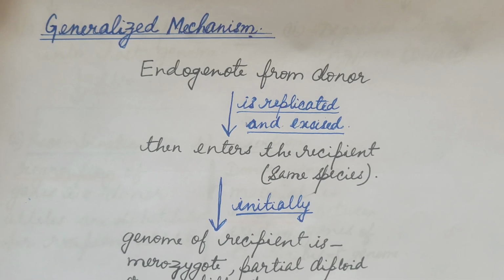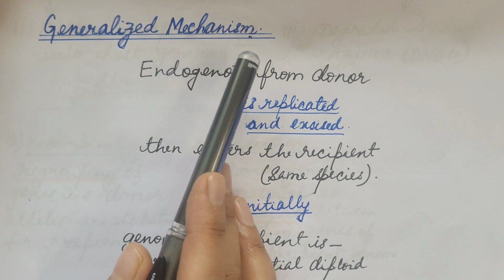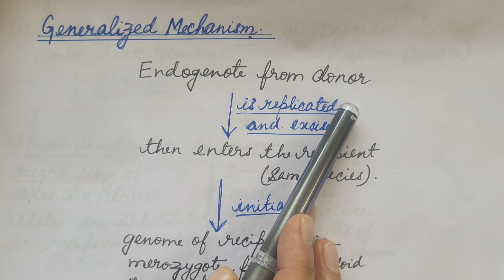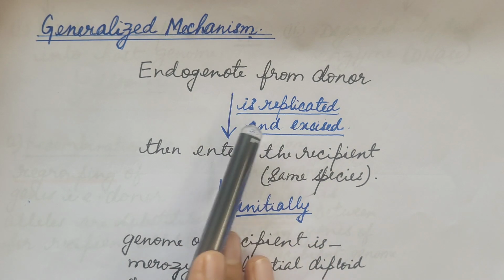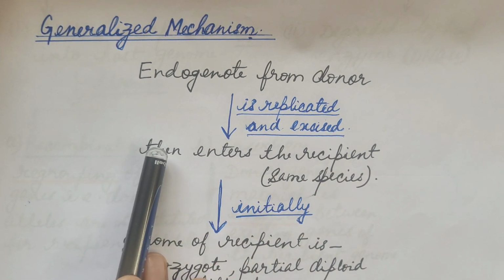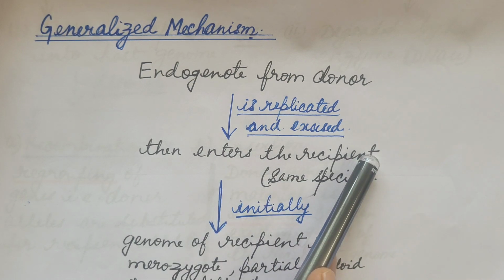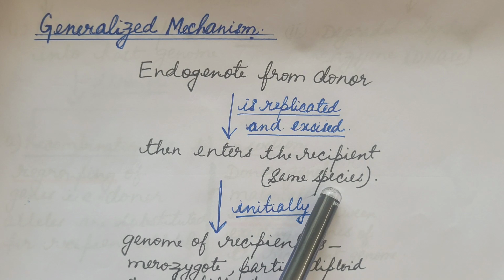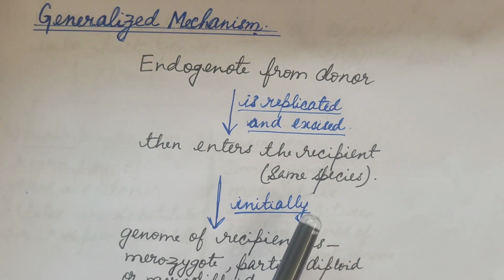Now let us discuss the generalized mechanism of horizontal gene transfer. Endogenote from donor is replicated and excised. Then it enters the recipient cell, mostly of the same species and sometimes of different species.